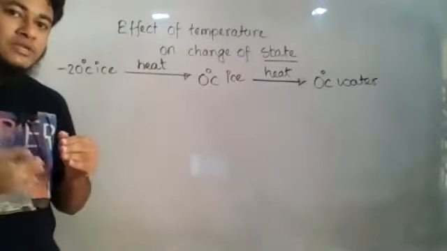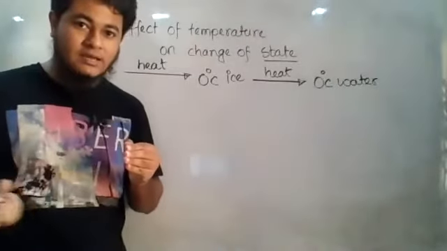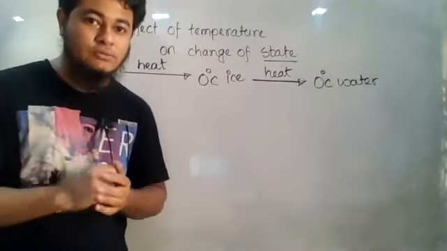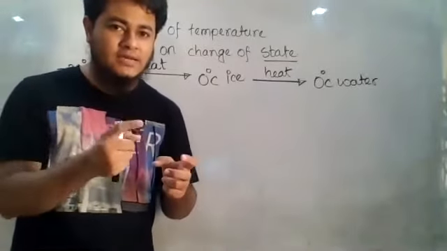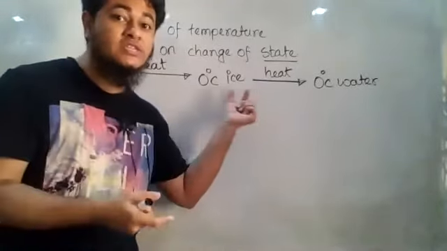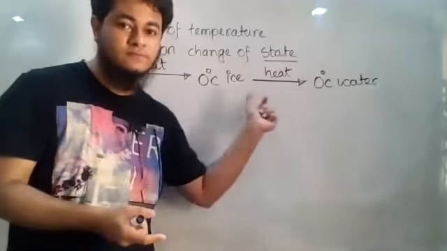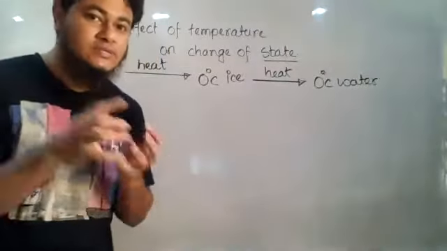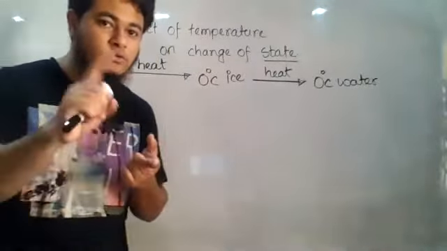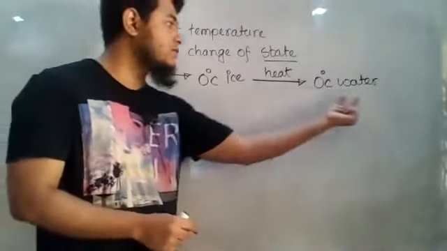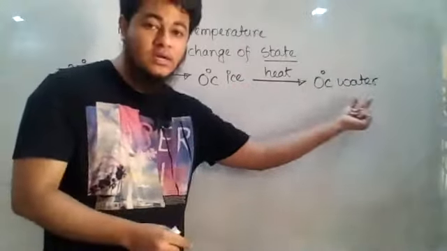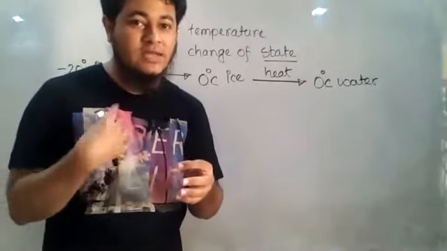But when the temperature came to 0°C, I am still supplying heat energy, but the temperature is not changing. Why? Because the supplied heat energy is being used to change the state of the object. The heat energy that I'm supplying now is not being used to change the temperature. It is being used to change the state of the body. The ice is becoming water using the heat energy that I am supplying.